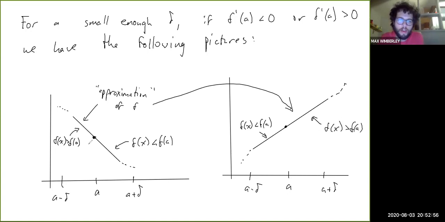So in neither case can f of a be a possible extremum, because you can find points on either side where the value is either bigger or smaller. Sorry, this is supposed to be f. You've probably seen this idea before, but this is the basic idea, and this actually is the basis of the argument we make as well.